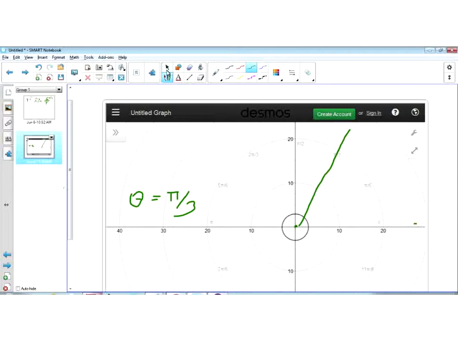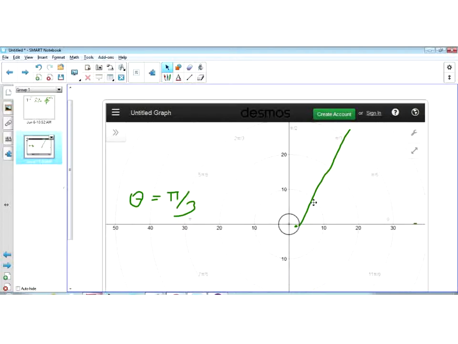That's the rule, right? So you start off by drawing theta equals pi thirds in this direction, and then you reflect it about the polar vertex in this direction.